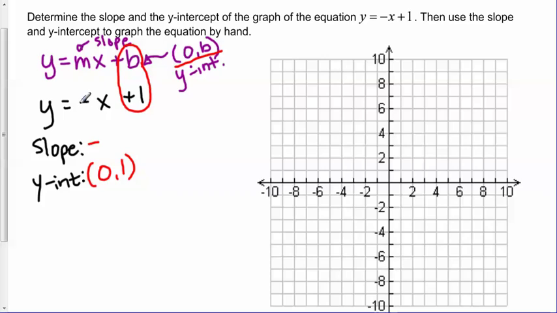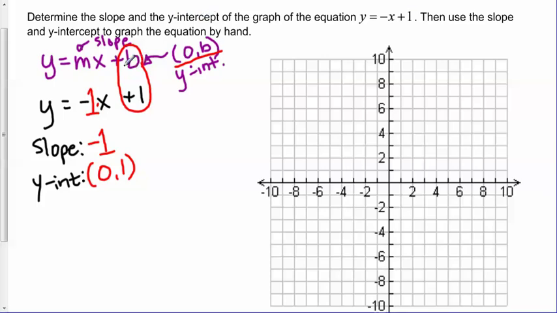And if you can remember some of the things that we've seen about negative signs in front of variables, we can think about that as -1 times that variable. So our slope in this case is -1 because of the invisible 1 here between the negative sign and the x. So that helps us to determine the slope and the y-intercept of the graph.